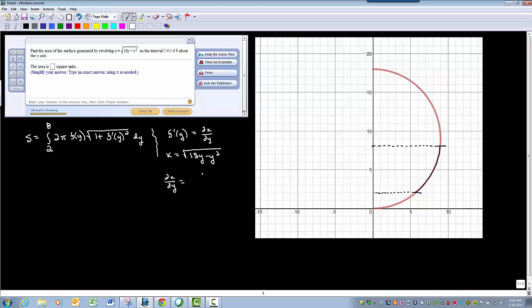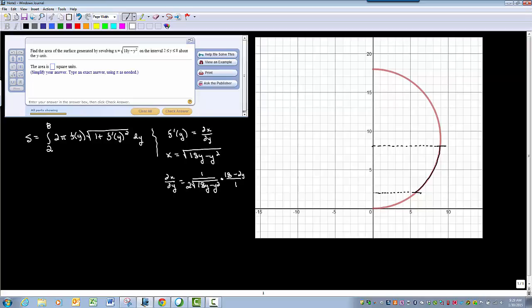When we take the derivative of the square root, we get 1 over 2 times the square root of that, multiplied by the derivative of the inside. The derivative of the inside is 18 minus 2y.